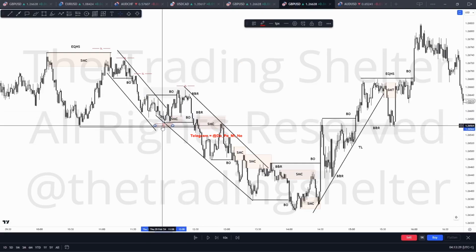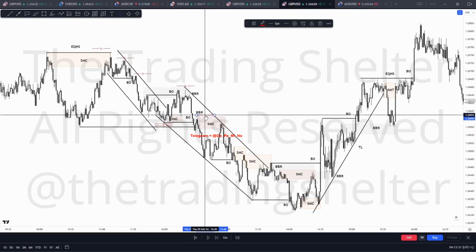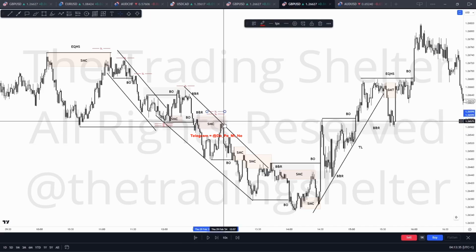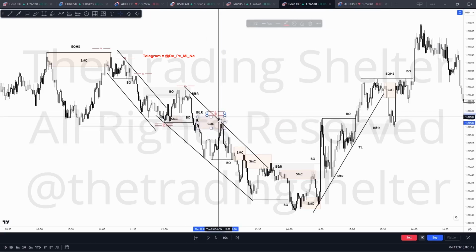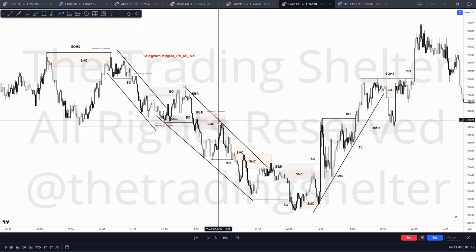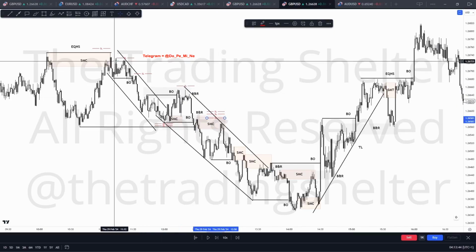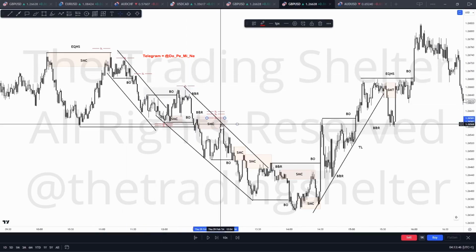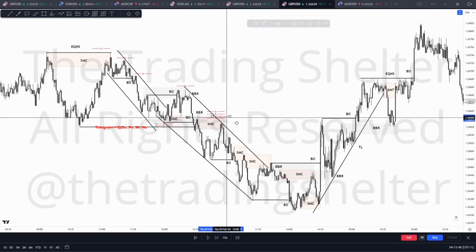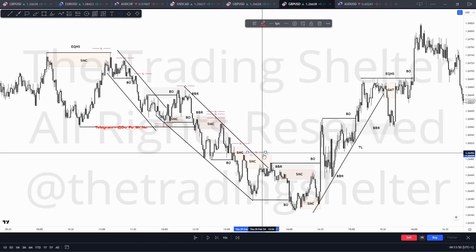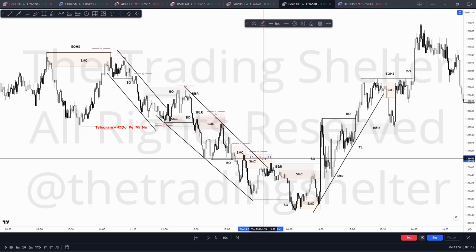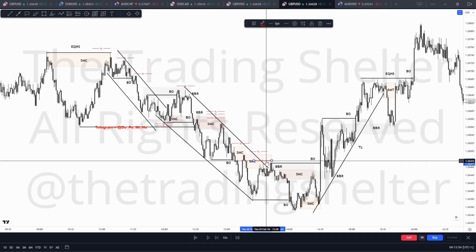Now we have break and retest traders entering here, and we also have SMC traders entering here, but we also have that trend line being bounced here. Remember, trend lines are often the second and third touch. So now we have other SMCs here. SMC again, trend line. You agree?